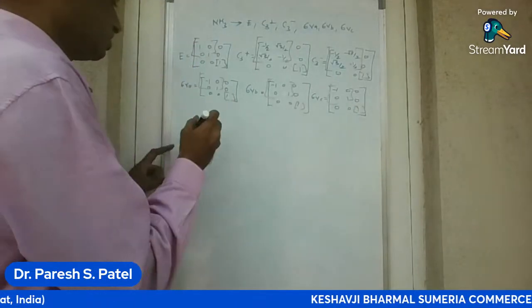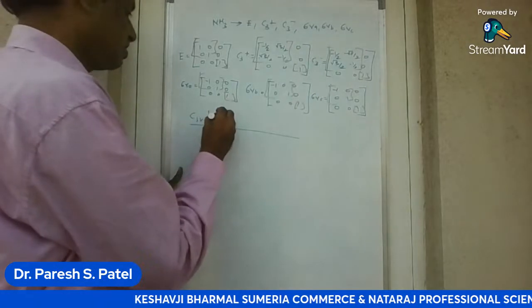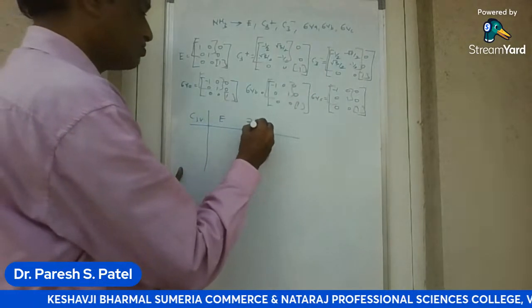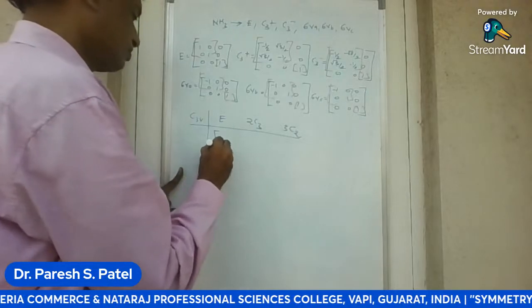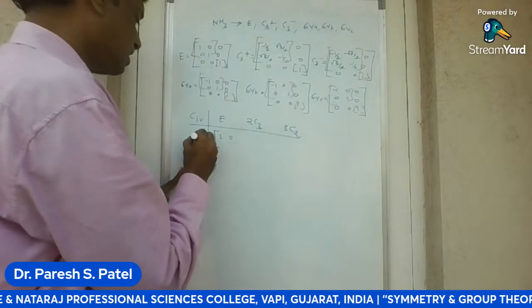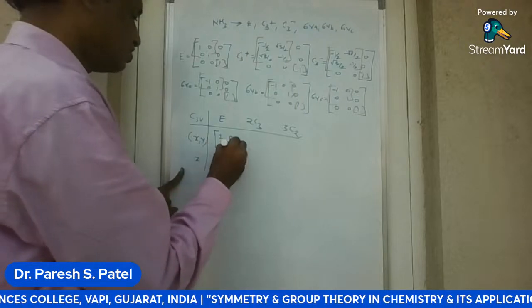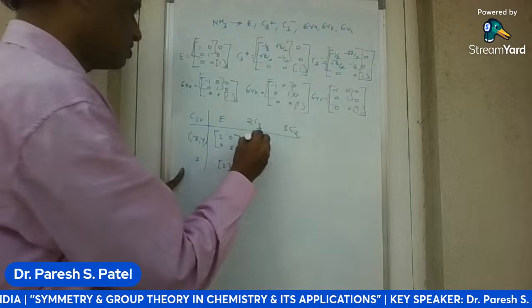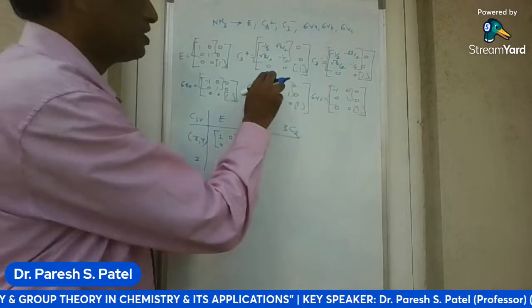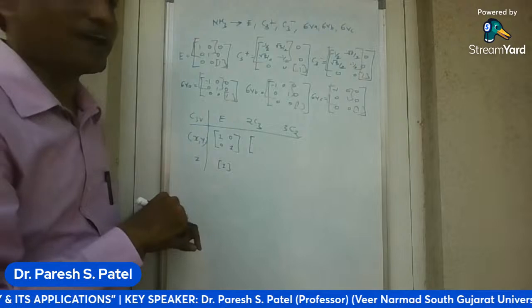So we can convert this three-dimensional matrix into C3V: E, twice C3, 3 sigma V, with 1, 0 along x and y, and z: 0 into 1 and 1. You can take either this C3 plus or this C3 minus; both are the same. Why?